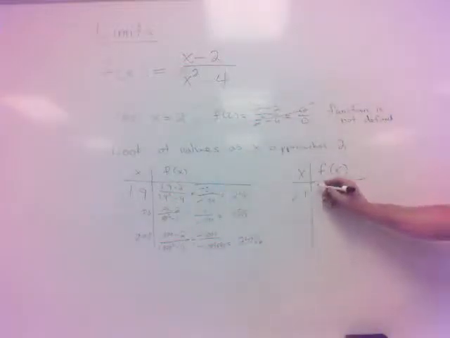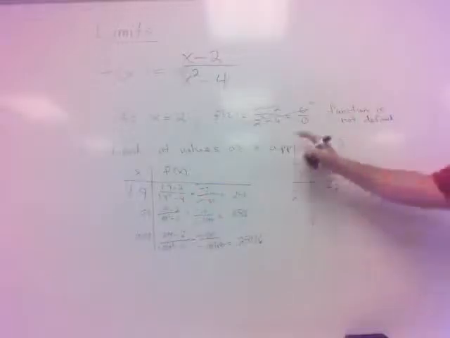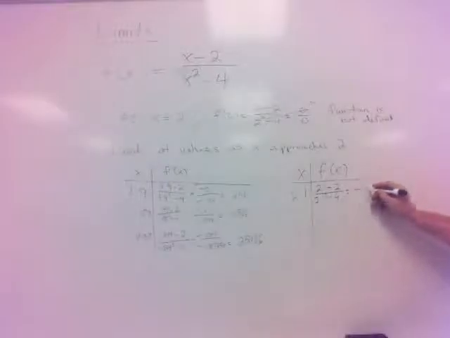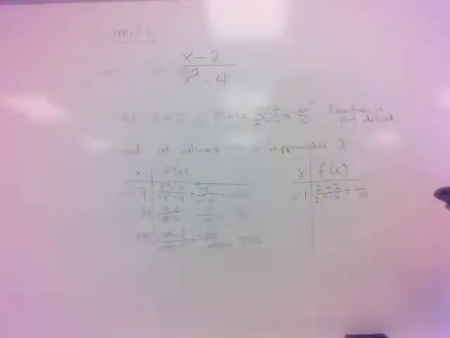All right, so 2.1, it would be 2.1 minus 2 divided by 2.1 squared minus 4. So it would be 0.1 divided by 0.41. So 0.1 divided by 0.41, 0.2439.